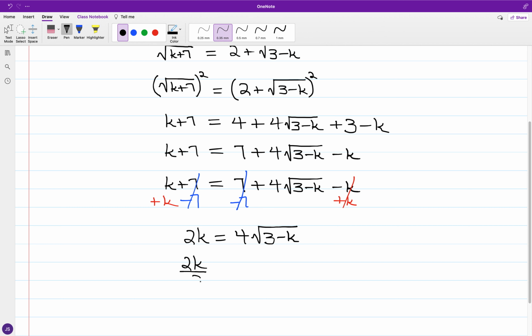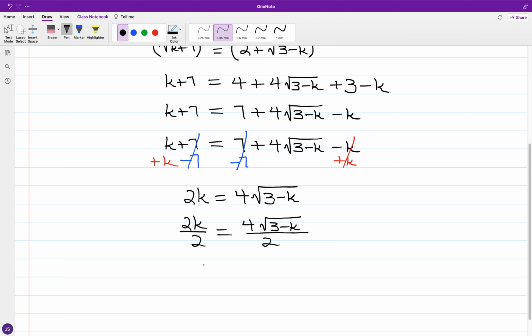Again, there's more than one pathway to follow through. You could square both sides, you could divide by 4, but perhaps the simplest display would be just to divide by 2, where we would have k equal to 2 times the square root of 3 minus k.